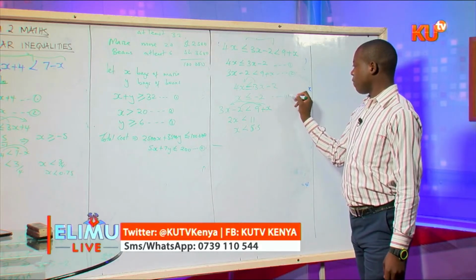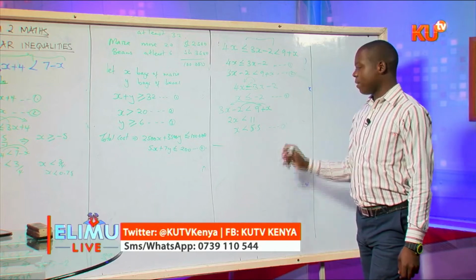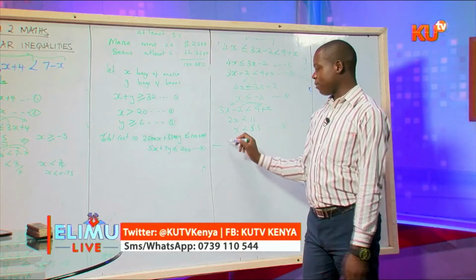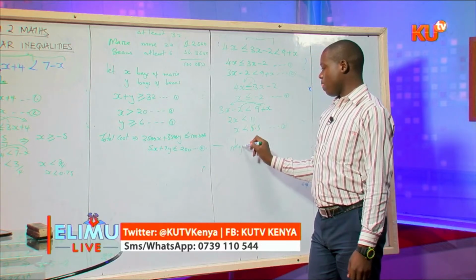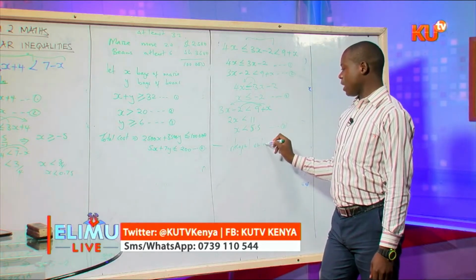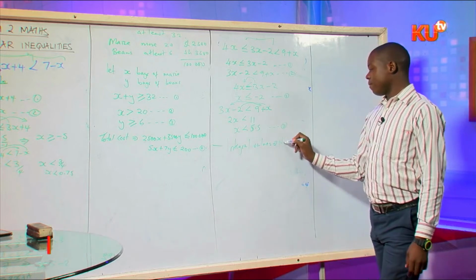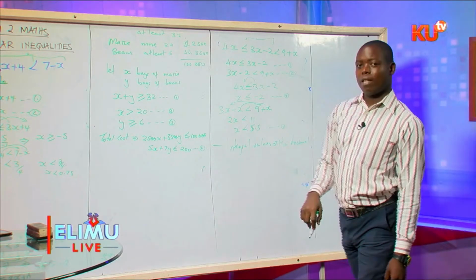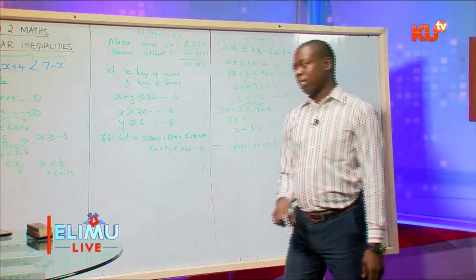So these are two solutions, the first one and the second one. But we need to give what we call integral values. Integral values are supposed to be non-decimal. So in the case we have decimal values, we shall have to round them off.